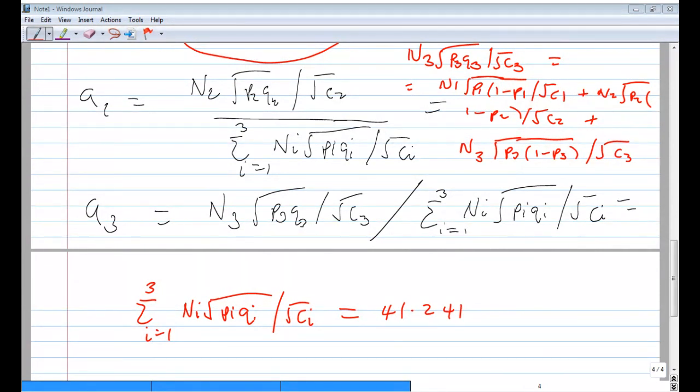Everybody is getting the same answer, different from mine, a little bit different from mine. I got 41.241. It seems like they're getting the same thing. Mine is 41.281. So you got this one, isn't it?